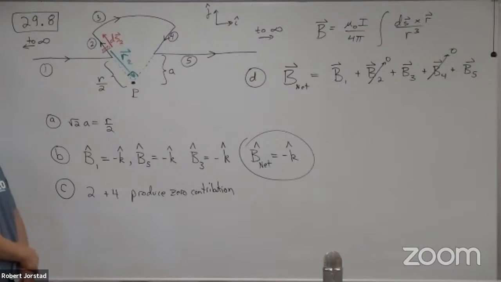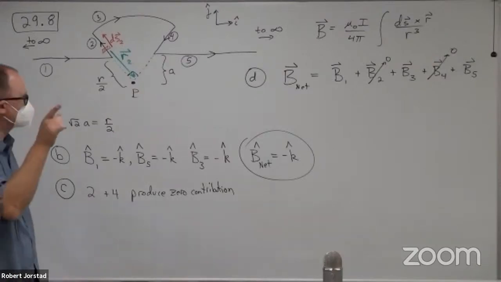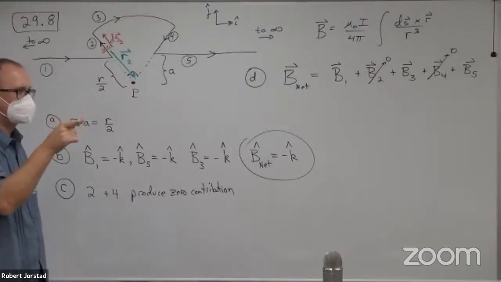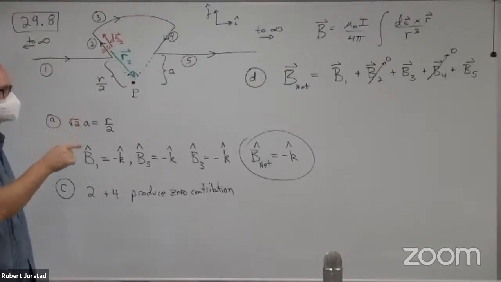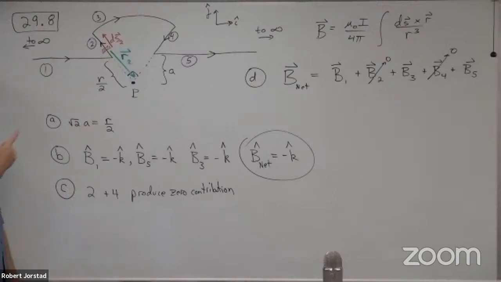So which of those fields, 1, 3, or 5, is the easiest here? Go with your gut. I'll tell you if you're wrong. Okay, 3 is the easiest. Why is 3 the easiest? So basically we did the last problem, sine theta plus or minus. That was for a straight wire. Is this a straight wire?